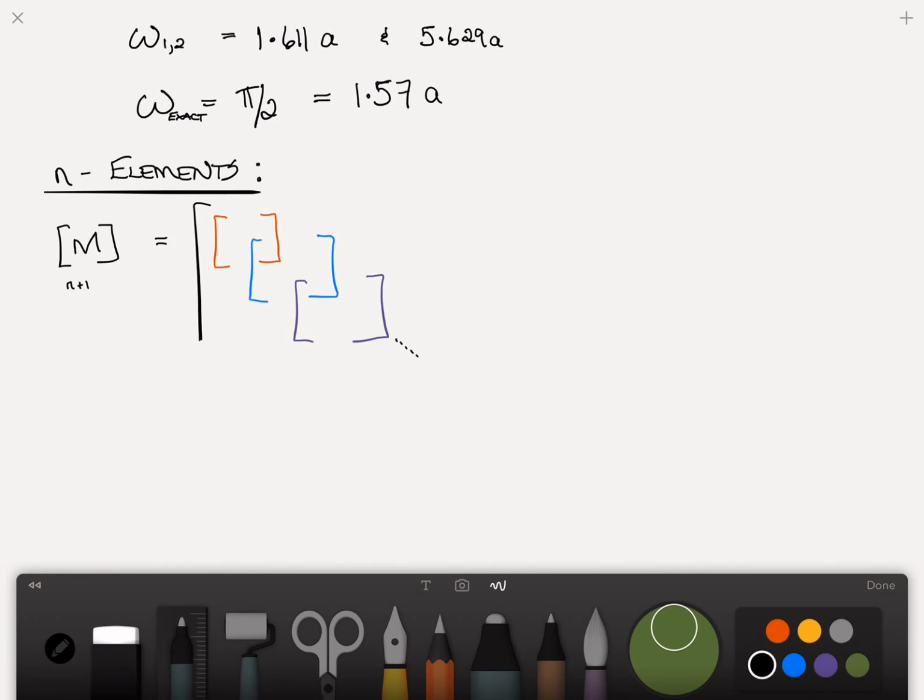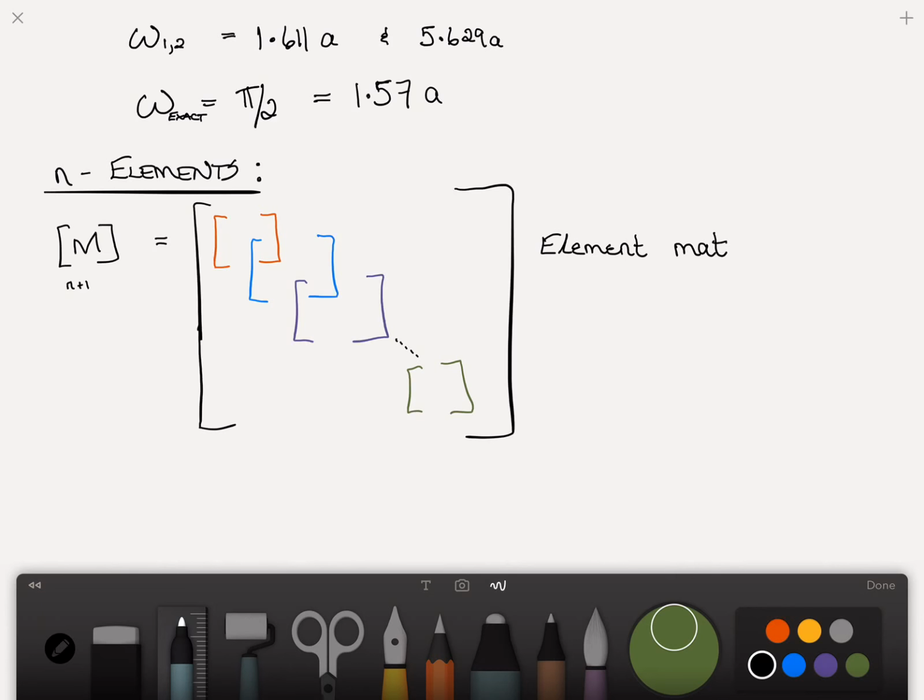And then eventually you have an element down here at the end. All of this is part of one matrix. These, of course, are the element matrices. And in the case of a bar, they are 2 by 2 matrices: this one here, and this one here, and this one here, and this one here.